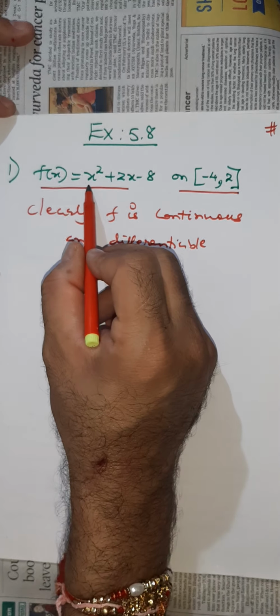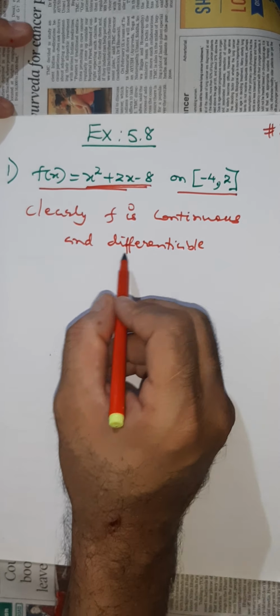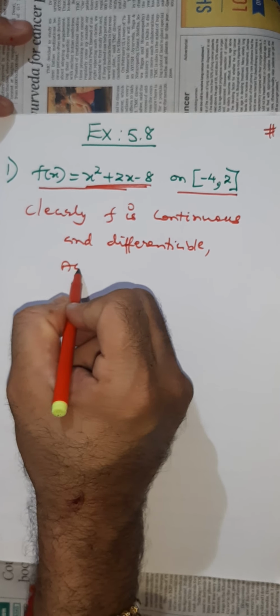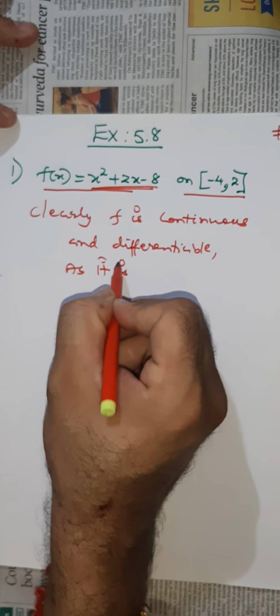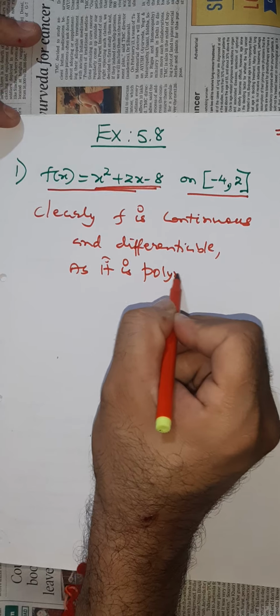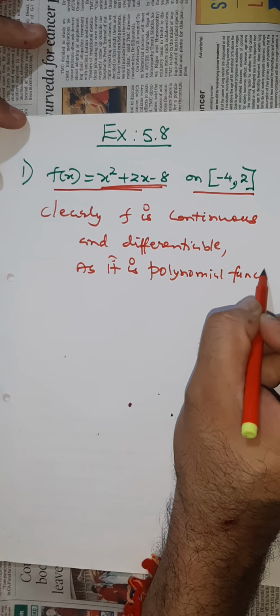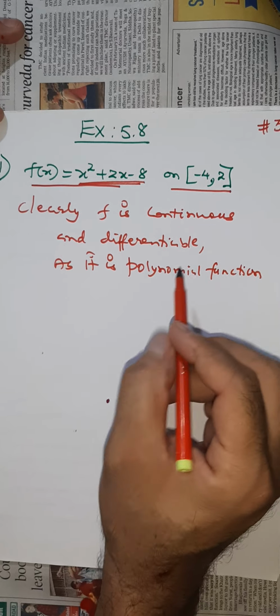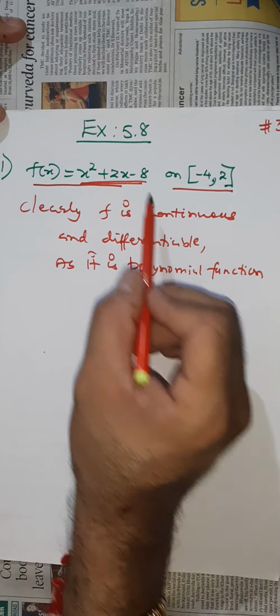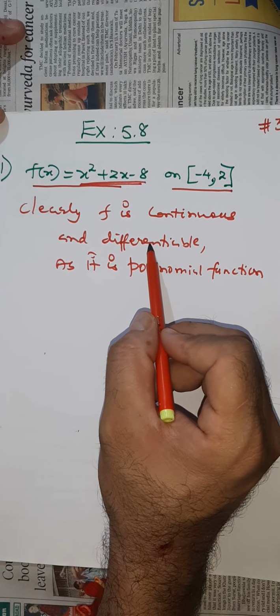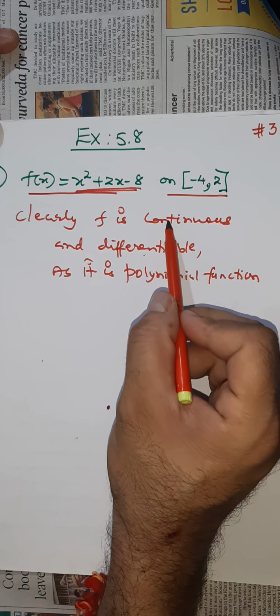Why? You can see that this is a quadratic, in general a polynomial function. Every polynomial function is always differentiable and continuous. You can find the derivative of this. So it is differentiable, and every differentiable function is continuous, so it is continuous.